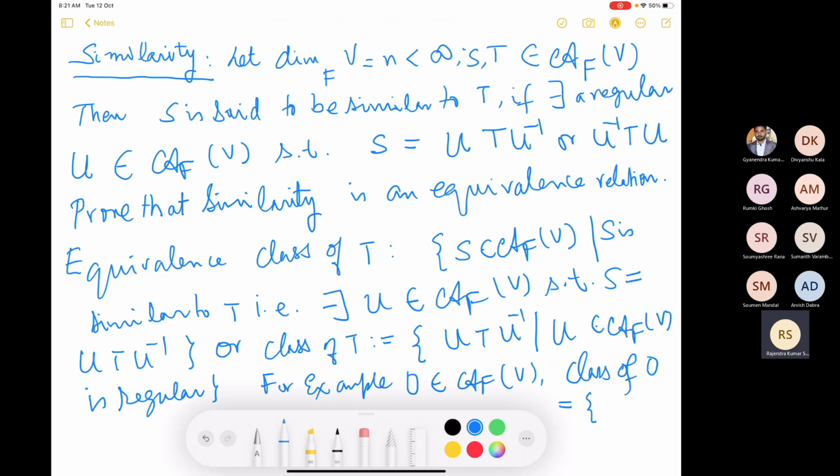Now, you can see that for every invertible linear transformation U, U0U inverse is again 0. So it consists of the 0 linear transformation only.